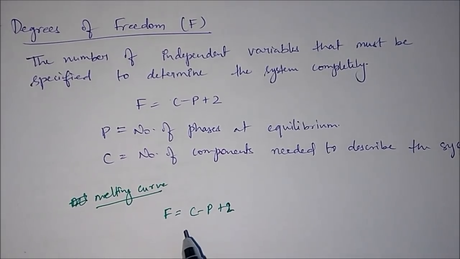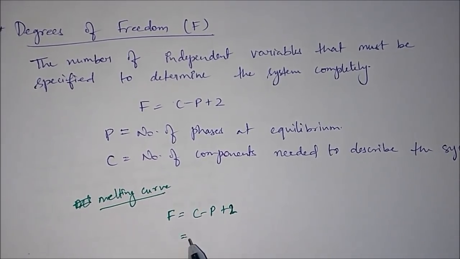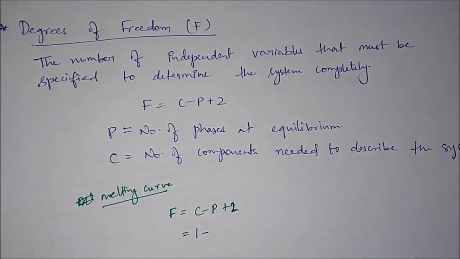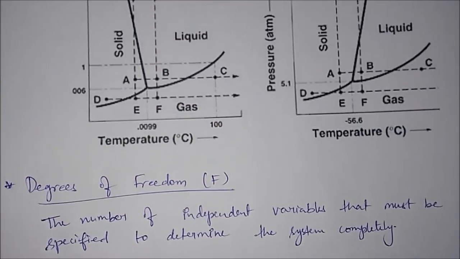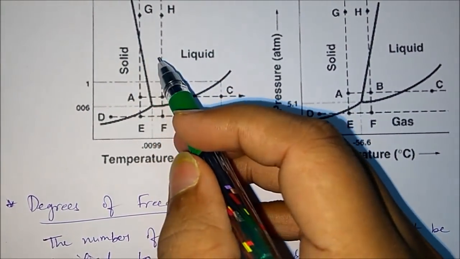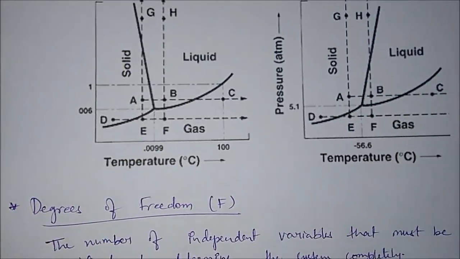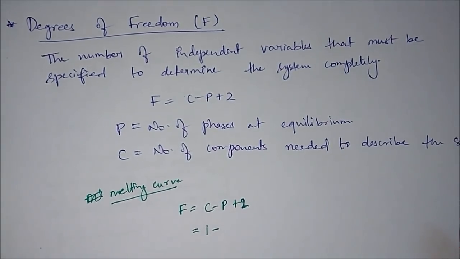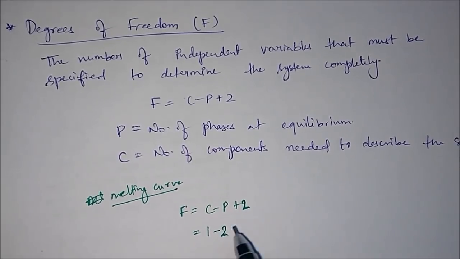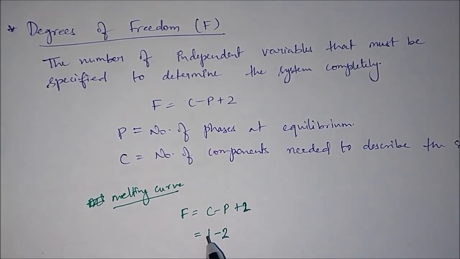For water we have a single component, so the C value is 1. At the melting curve, how many phases will be in equilibrium? As you can see, at the melting line or curve, solid and liquid will both be in equilibrium. So the value of P will be 2, two phases, solid and liquid. All right, not components. The component will be 1, that is water.